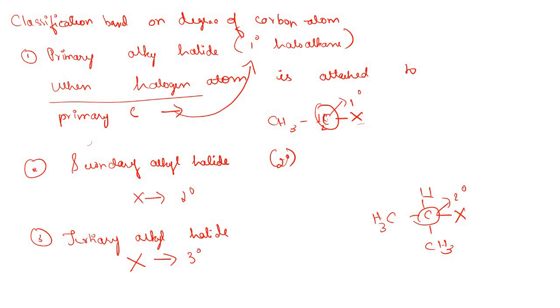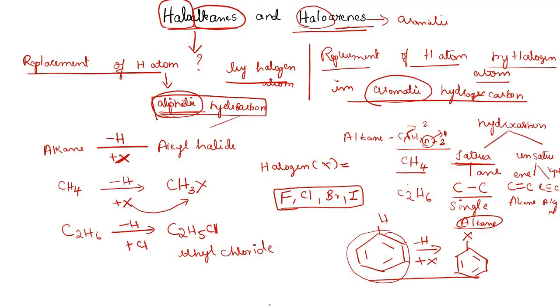Let me revise it once. We have learned what haloalkanes and haloarenes are, and how one hydrogen atom is replaced. The only difference between haloalkanes and haloarenes is that in haloalkanes we replace hydrogen atoms by halogen atoms in aliphatic compounds, whereas in haloarenes we replace hydrogen atoms by halogen atoms in aromatic compounds.